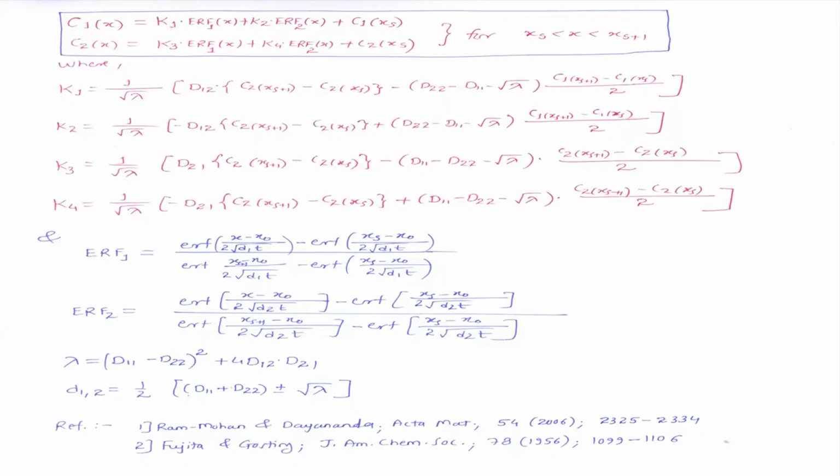So, the advantage of matrix approach is we get the solution in a very simple form. For example, if you want to see the solution for a ternary system which was derived earlier by Fujita and Gosting, this is the solution for ternary concentrations. We have two independent concentrations C1 and C2, and you can see it is a very complicated form, but using the matrix approach we obtained the solution in a very simple form.